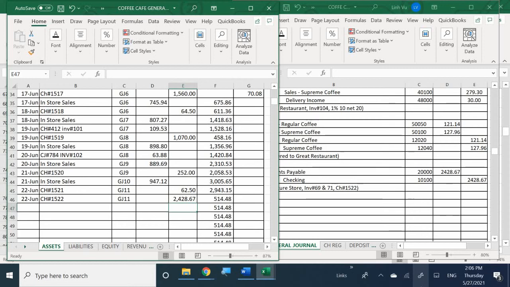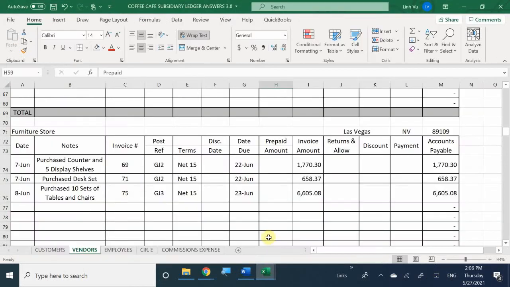Now to our subsidiary ledger, to our vendor, furniture store.